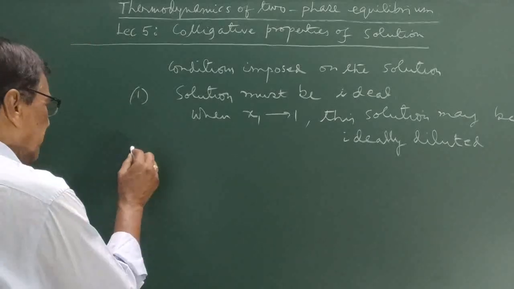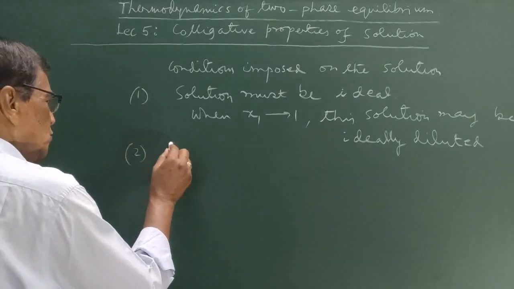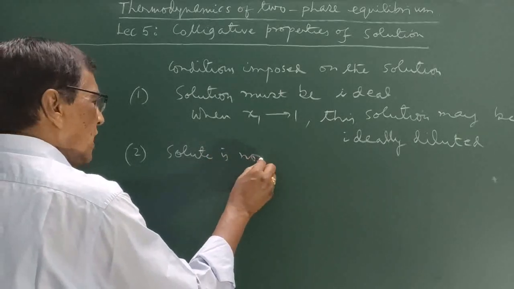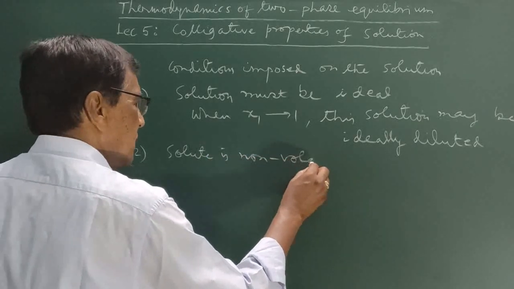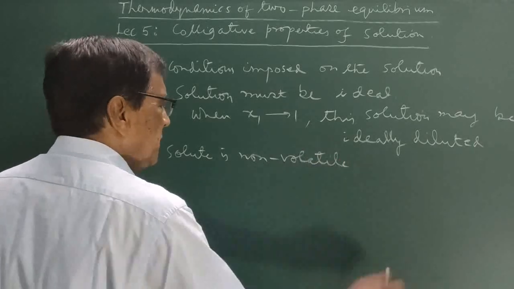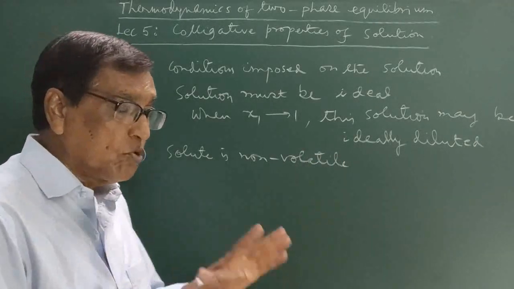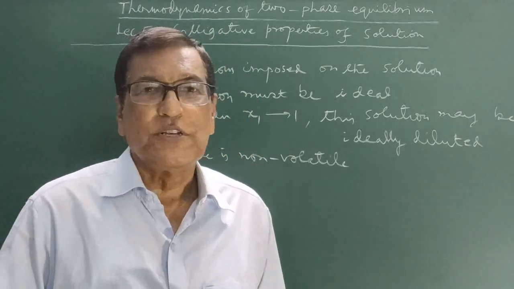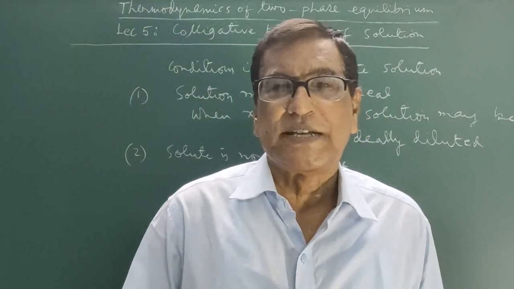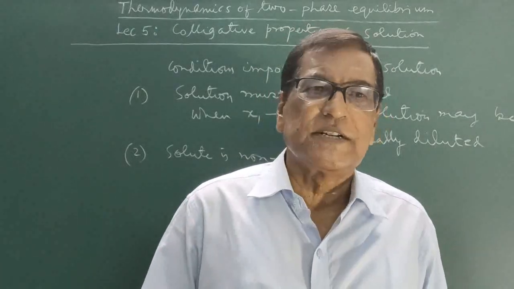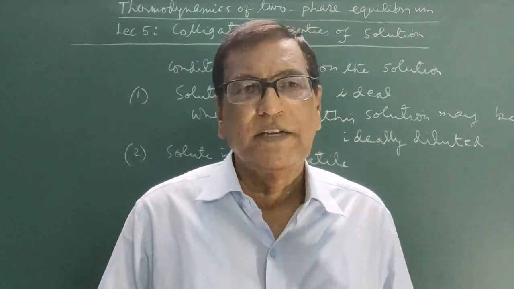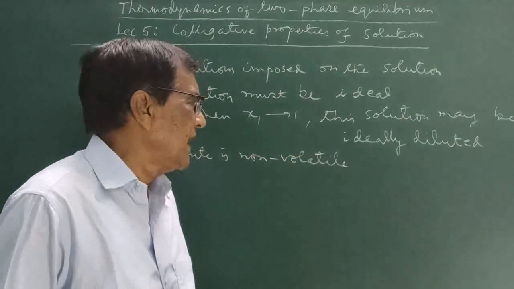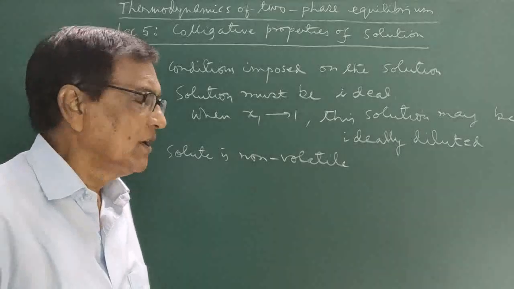And the second one, solute is non-volatile. Though no substance can be found which has no vapor pressure, at ordinary temperatures some substances have very low vapor pressures and they may be treated as non-volatile solutes.